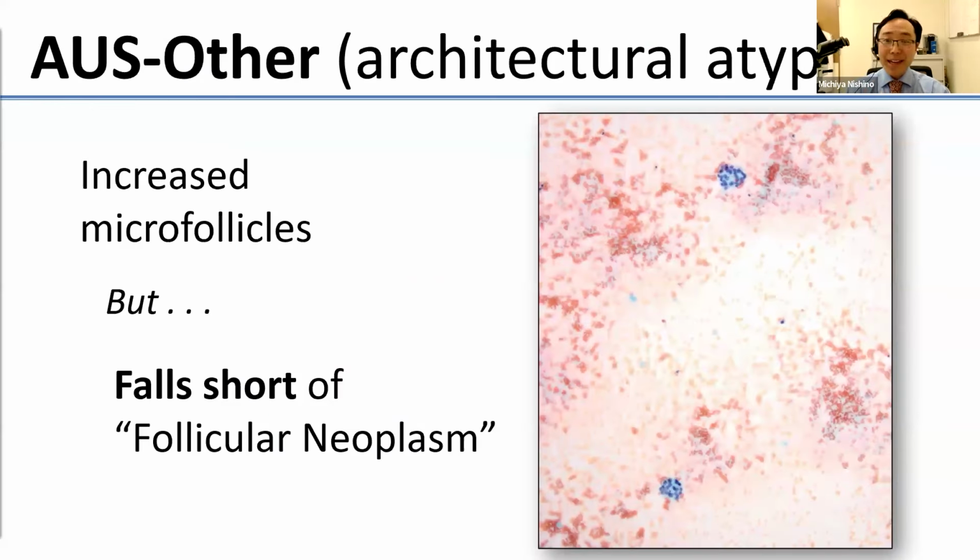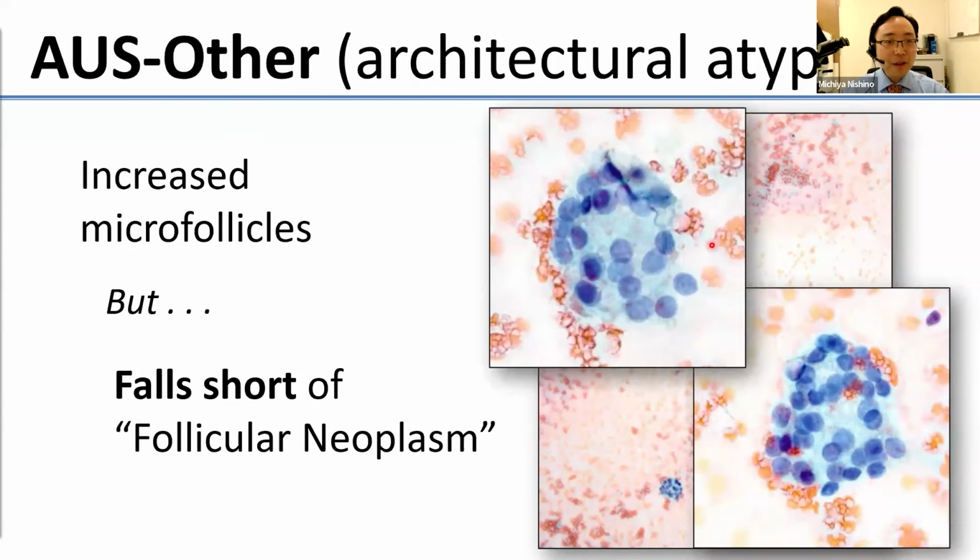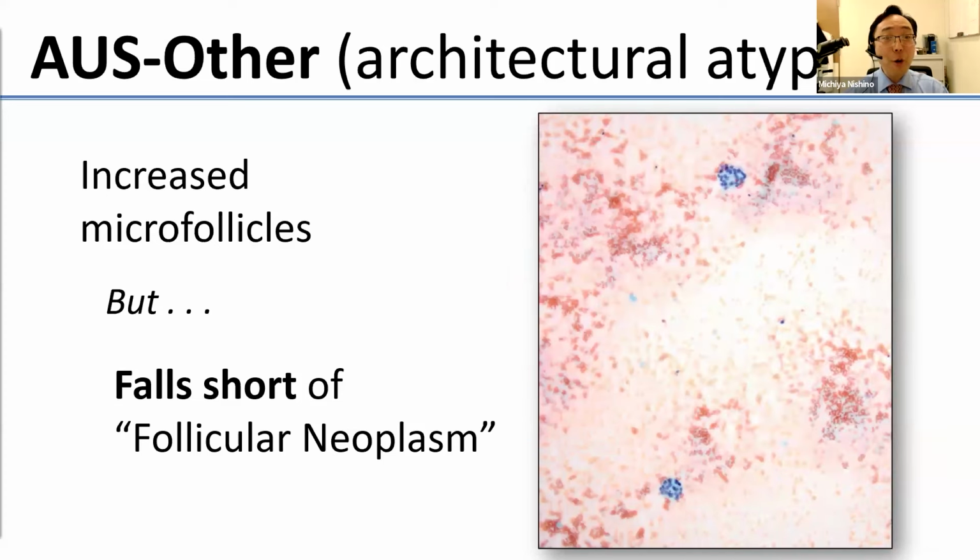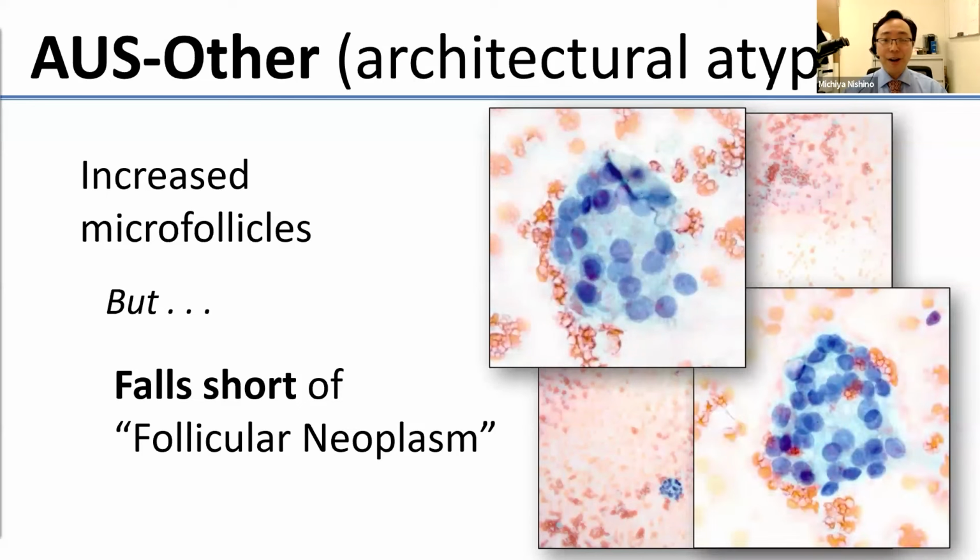Now, the remaining types of mild atypia that fall into the AUS category are currently collectively subclassified as AUS other, according to the third edition of the Bethesda System. An example of that would be an AUS case with architectural atypia, where there are increased microfollicles, as shown here, but the aspirate falls short of a follicular neoplasm interpretation because of the low overall cellularity of the sample, as shown here, or because these microfollicular groups are admixed with a substantial, albeit still lesser, fraction of macrofollicles.